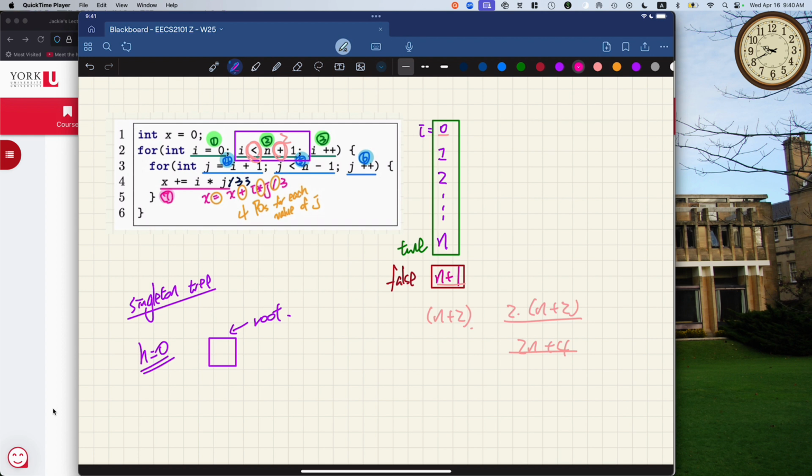Here we talk about h minus 1, h minus 2, but h is only 0, right? This goes back to the boundary case where whenever you got a for all quantifier and the range is actually empty, you get true automatically. So this singleton tree will be both complete and full.